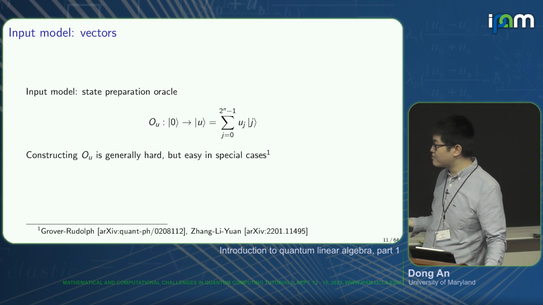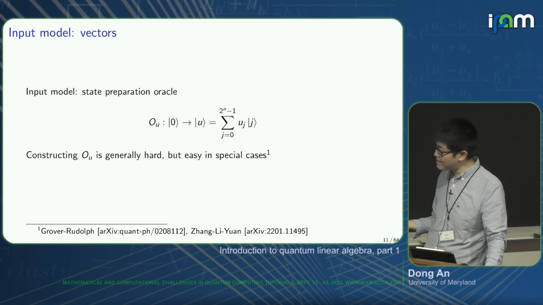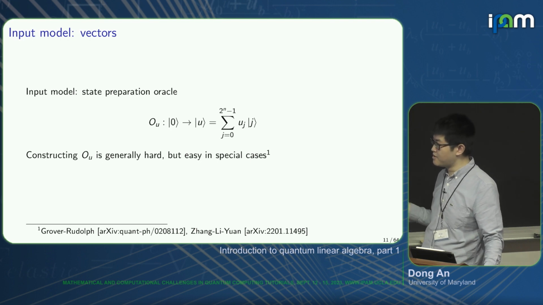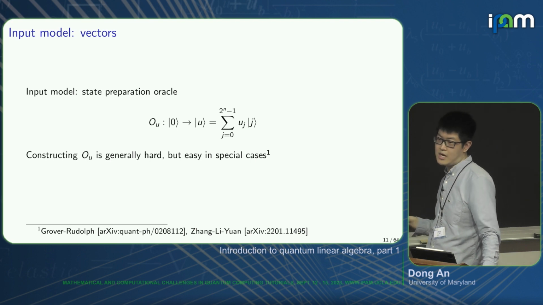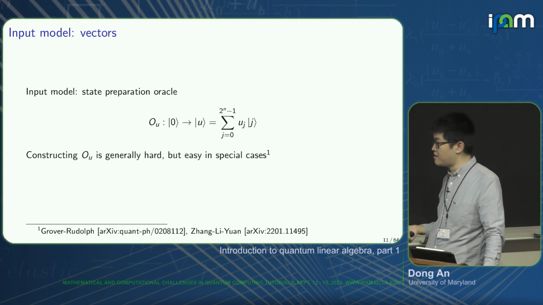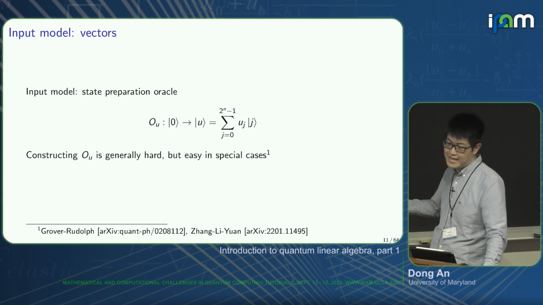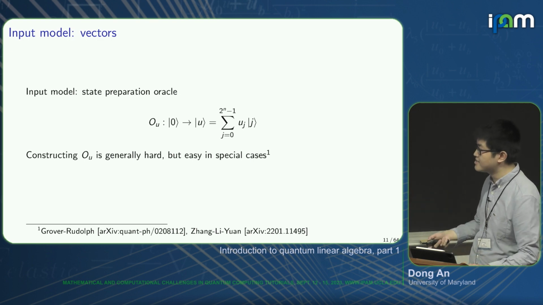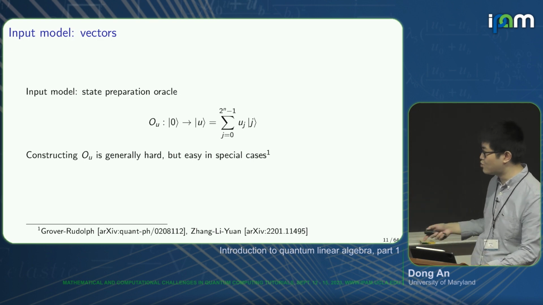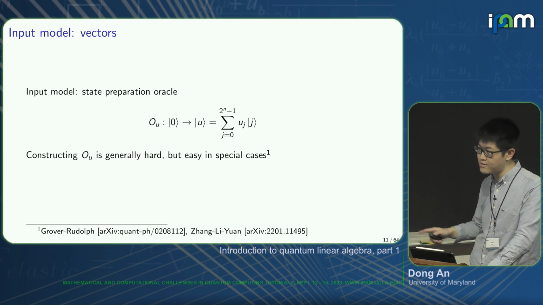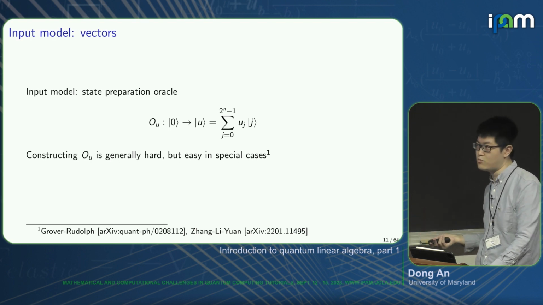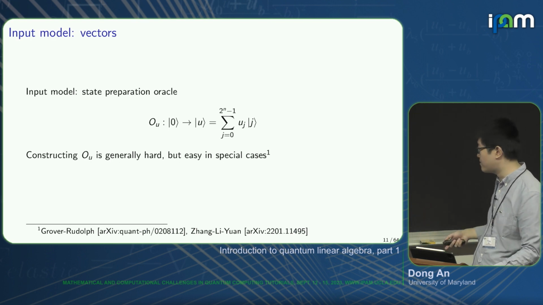Here I just list two references. The first is probably the first state preparation oracle for a probability distribution, by Grover and Rudolph. It can achieve an exponential improvement in terms of the dimension. I also point out another, very recent paper, which gives a very nice summary of the current status of constructing state preparation oracles. In general the gate complexity would be hard, but the circuit depth can be lower.